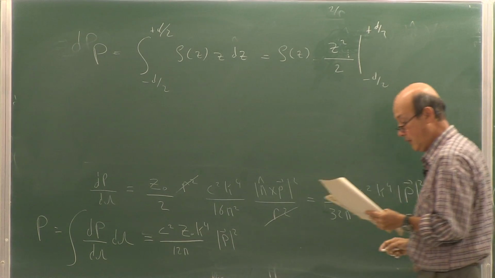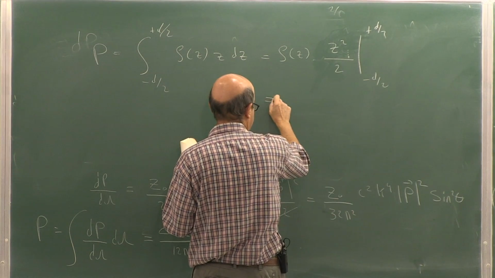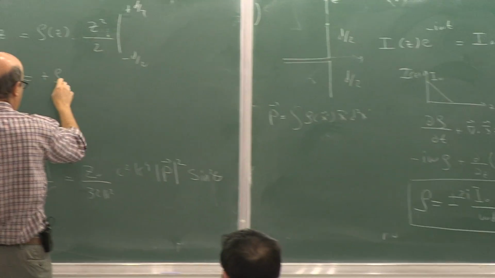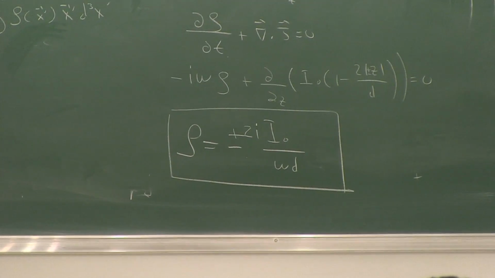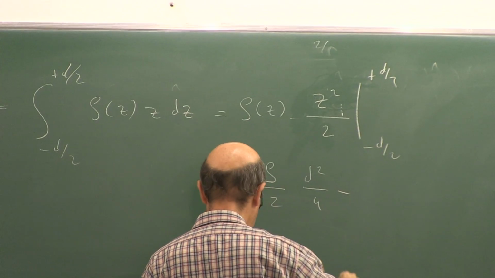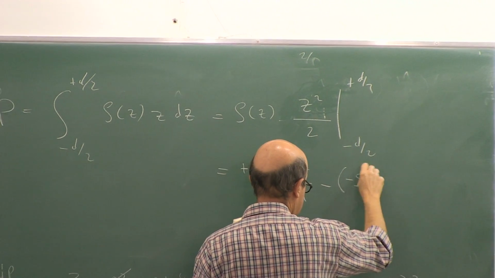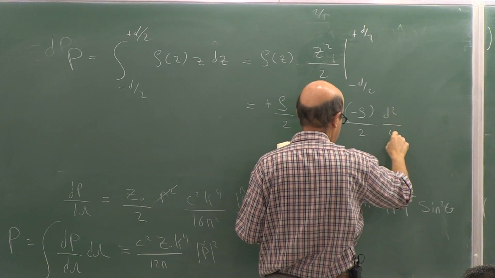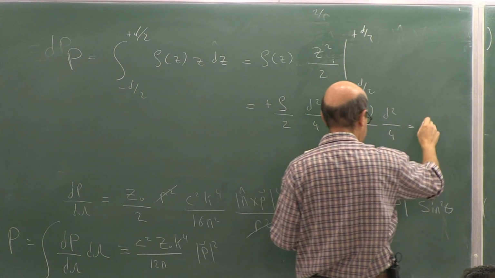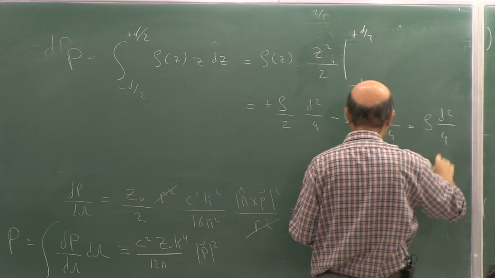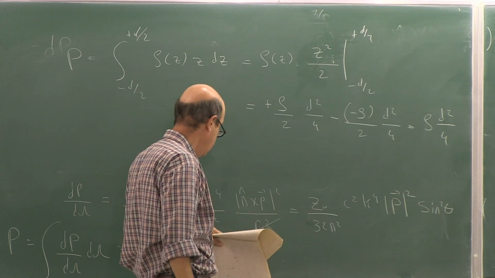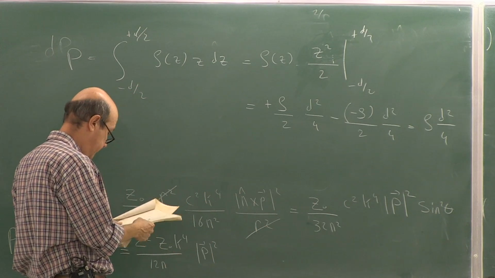So altogether you will get plus rho over 2 times d square over 4, and for the lower one, more minus because the charge density is a minus value, minus rho over 2 times d square over 4, and altogether you will obtain rho d square over 4. This is the magnitude of the electric dipole moment.